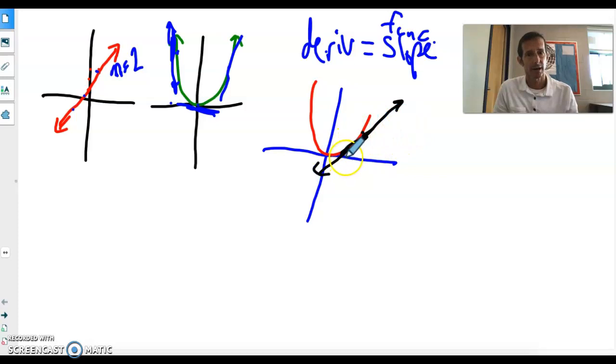And as I change the distance between these two x values, as that distance decreases, so as this x value approaches the one on the right, I'm getting closer and closer to the tangent line. So this is meant to be a display of that.